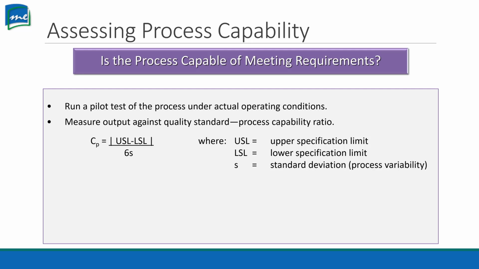Sometimes you'll actually see the sigma symbol. All right, so the standard deviations we'll get. But let's translate that into English. So our process capability equals our acceptable divided by our actual.